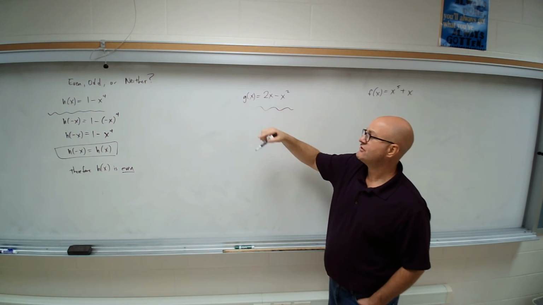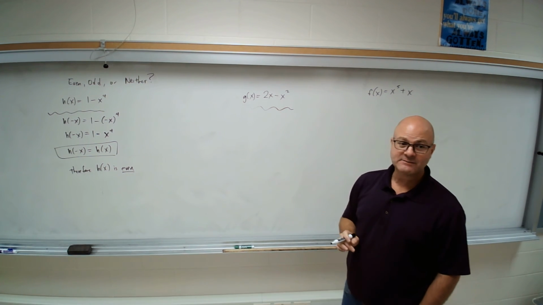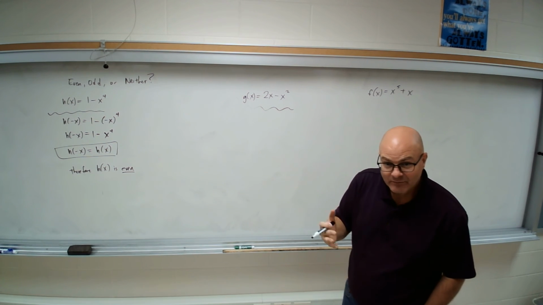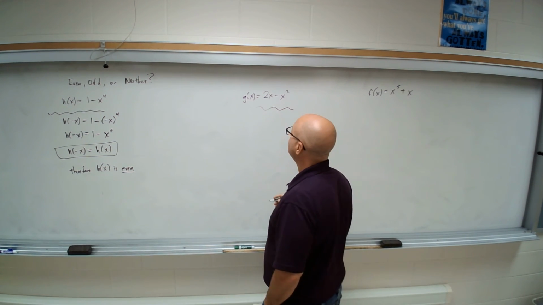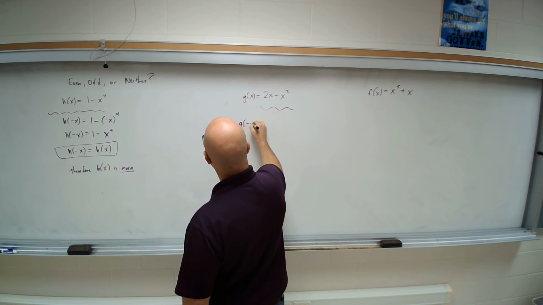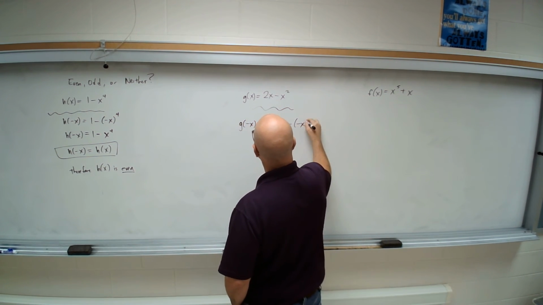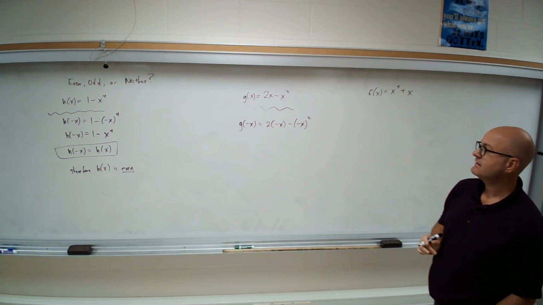So this next one is g of x equals 2x minus x squared. So I'm thinking here it's going to be neither, right? Because we have an even and an odd. Let's take a look. G of negative x is 2 times negative x minus x squared.